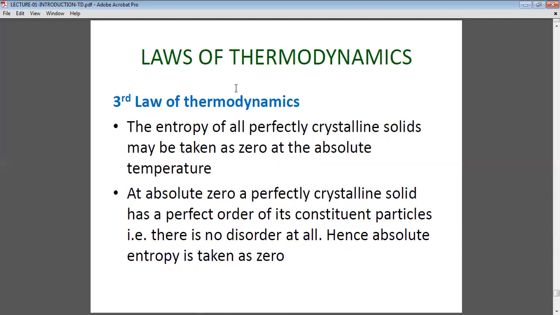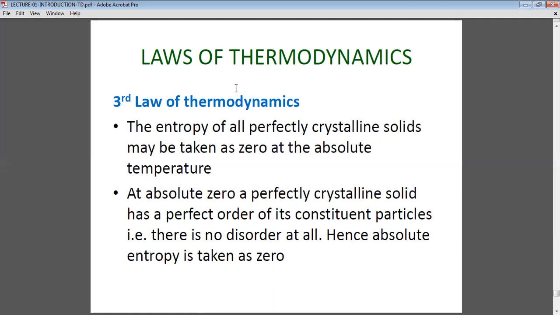That means at a particular absolute temperature, a perfectly crystalline solid has a perfect order. We say that entropy is maximum when the disorderliness is maximum. But if you take a perfectly crystalline solid, there is no disorderliness in it. That means disorderliness is reduced, so entropy is reduced. So if it is perfect, the entropy is zero. That will happen only at absolute zero temperature.